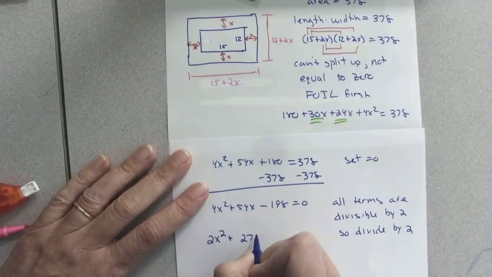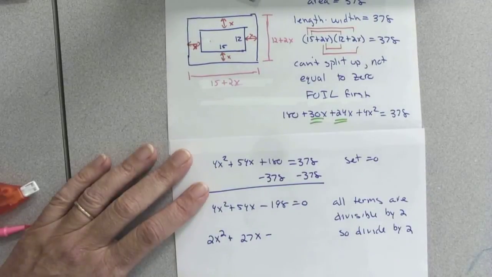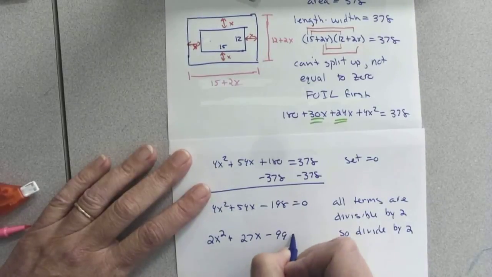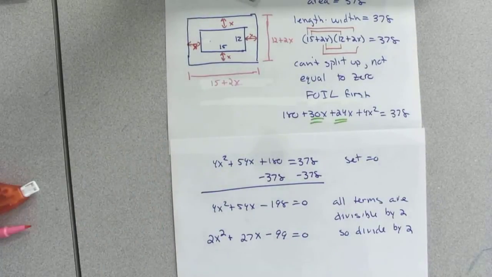So I get 2x squared plus 27x minus 99 equals 0. And then you have a choice whether you want to try to factor that or do the quadratic formula. I'm not sure. It probably does factor, but I don't see it right off the bat.